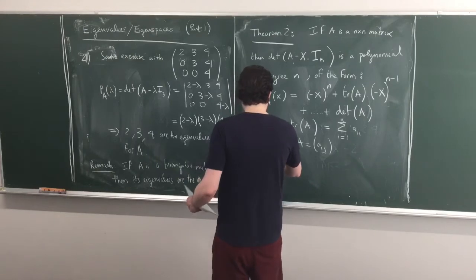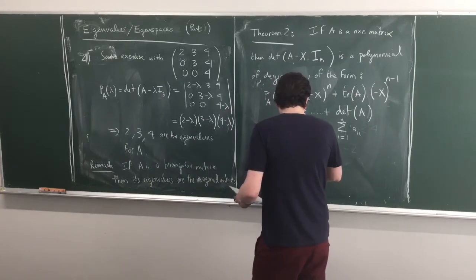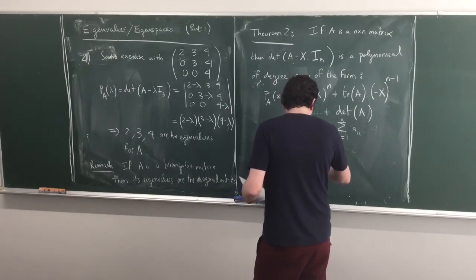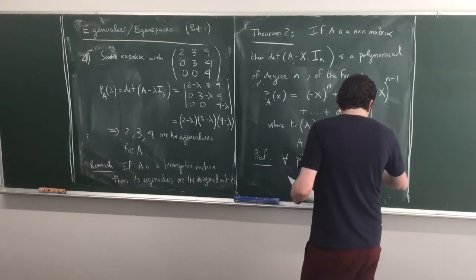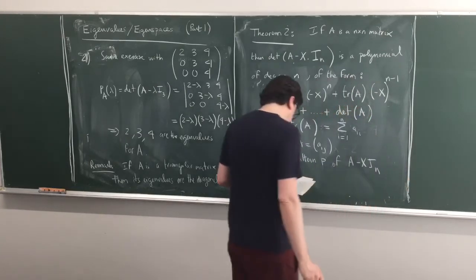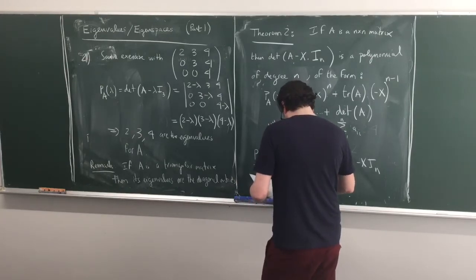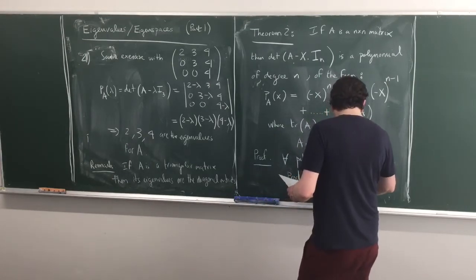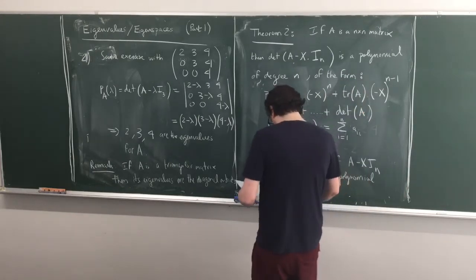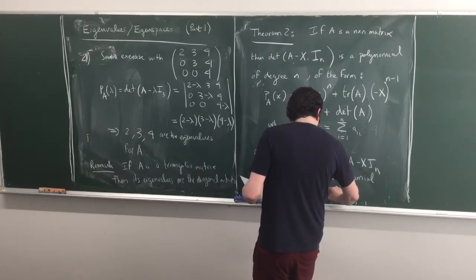Now, a sketch of proof of this is the following. For any pattern P of A minus X identity, the product is a polynomial of degree less or equal to n.